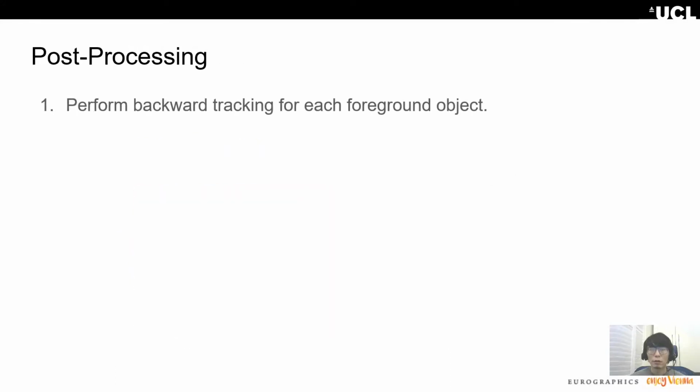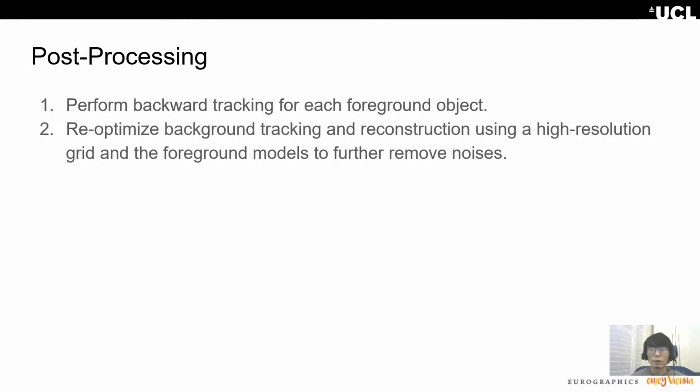After the tracking is done, we employ two offline processing steps to improve the quality. This includes backward tracking to recover the full trajectory if there's misdetection, and we reoptimize the background model using all foreground models. In the third step, we perform marching cubes to extract the output mesh.